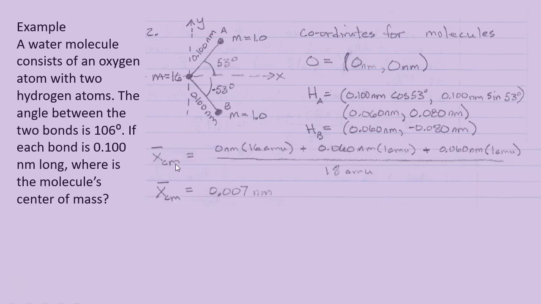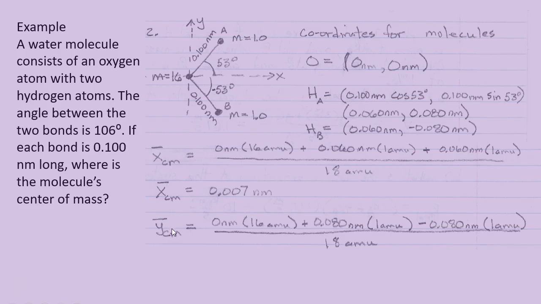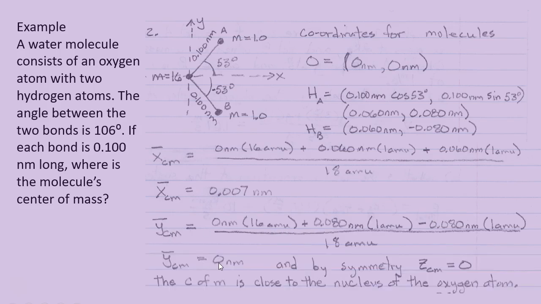So now we can go ahead and use our formula to figure out the center of mass along the x-axis, and it's 0.007 nanometers. For the y-axis, it turns out to be 0 nanometers.